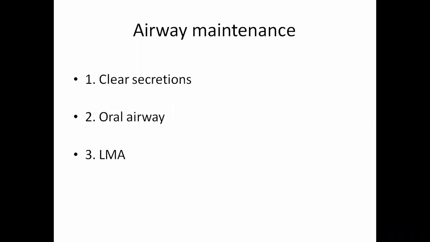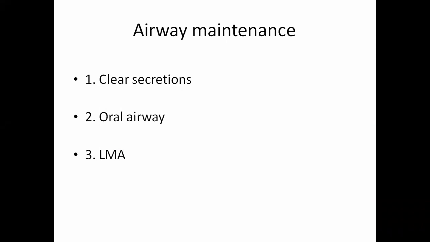So exactly like you told, for airway maintenance, the first thing is position. Second thing is you have to clear the secretions, what you clearly discussed. And someone answered oral airway, so you can try oral airway as well. And the other things are the alternate airways like LMA. And if you clear all these things, what can we have?